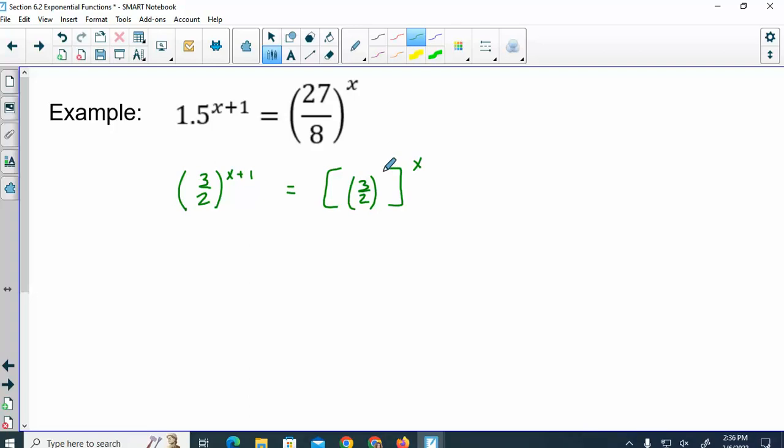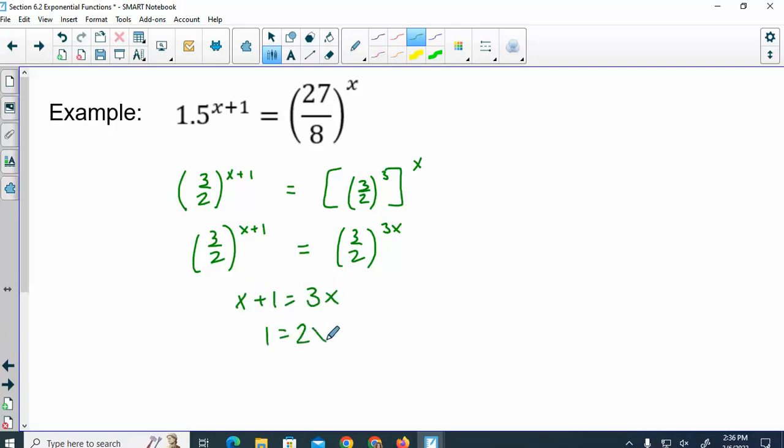And 2 to the 3rd is 8. So this is 3 halves to the x plus 1 equals 3 halves to the 3x. So x plus 1 equals 3x. So 1 is 2x and x is 1. Alright.